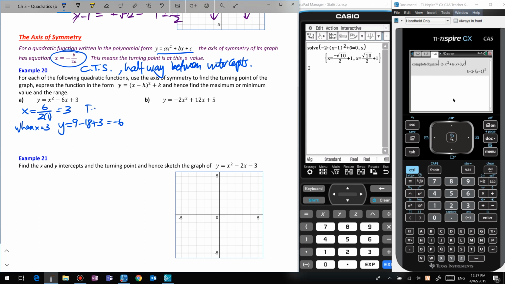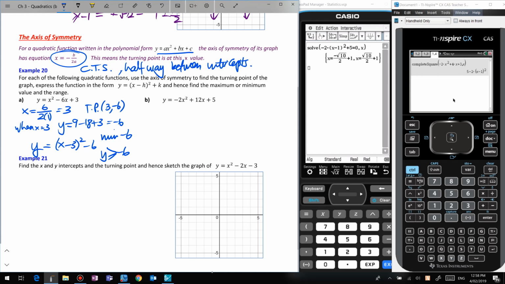So then our turning point is 3, negative 6. So to put it in turning point form, x minus 3, because it's 3, opposite sign, minus 6. Hence find the maximum or minimum, so that's a min, and it's negative 6. And find the range. Well, the lowest value is negative 6, so you can say y is greater than or equal to negative 6.